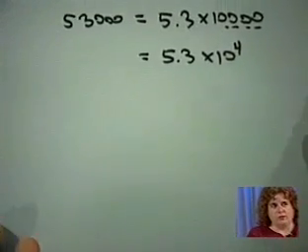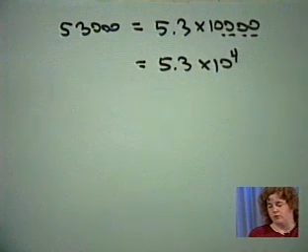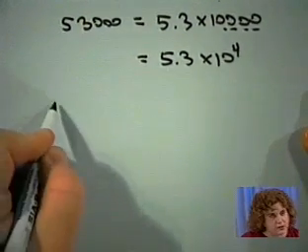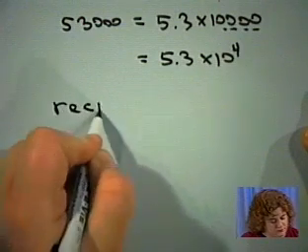Now, we're looking for a recipe. To make this practical when you're working with experiments or whatever you're doing, we would like to have a recipe for this, so let me give you one.